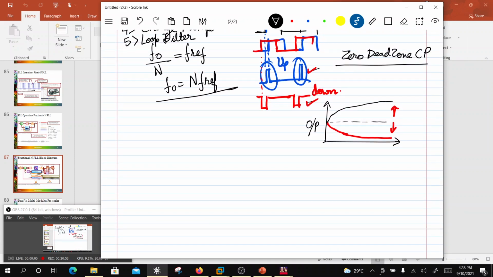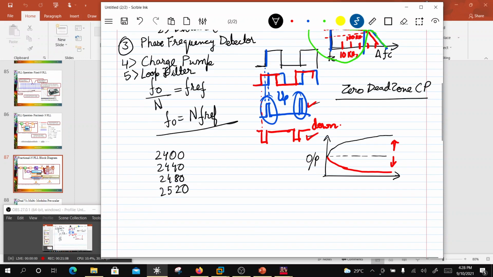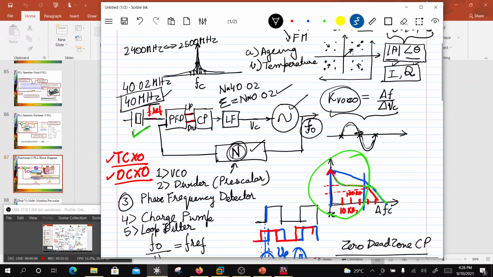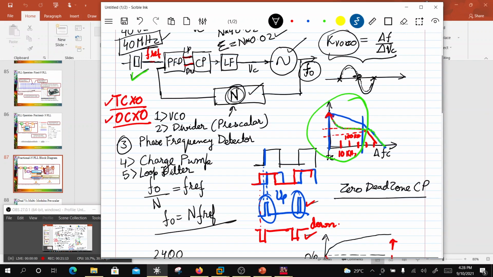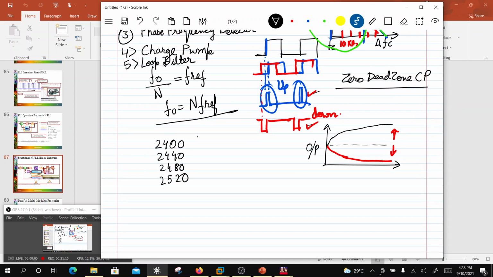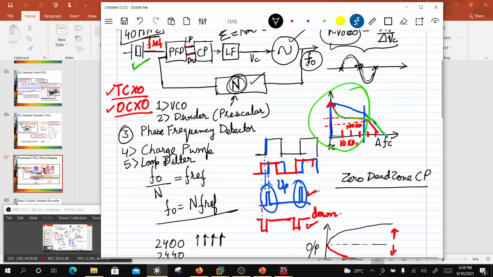So the things which I could do would be 2400, 2440, 2480, and then I would not even have 2500. Actually I will go to 2520. So you can see that this crystal fixes the steps. I could only generate 4 carriers here in this band: 2400, 2440, 2480, 2520, right? Now I might need more carriers than this, right?